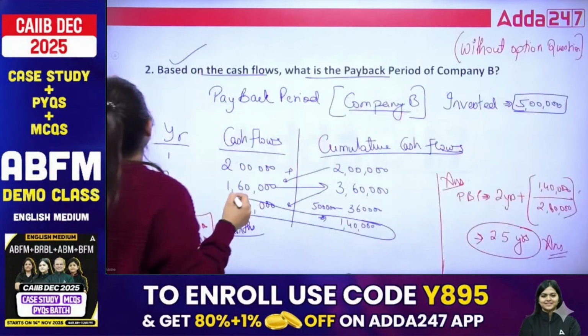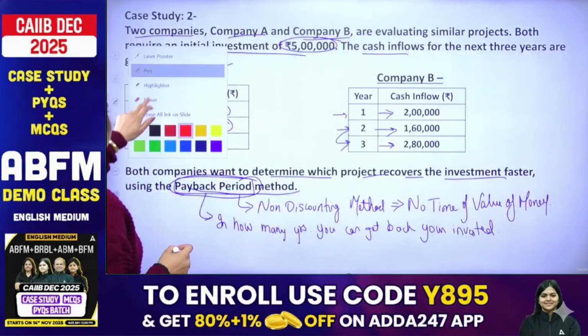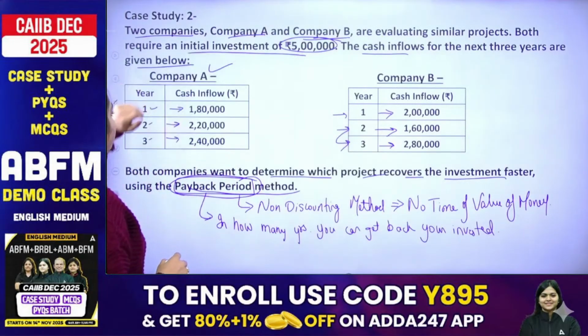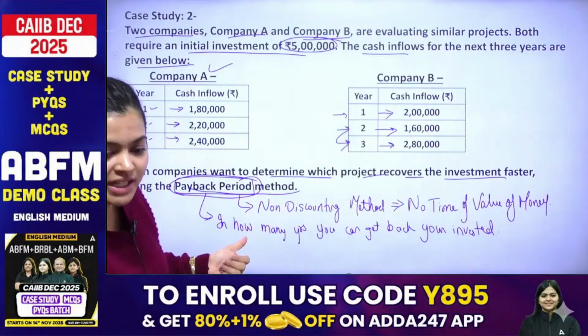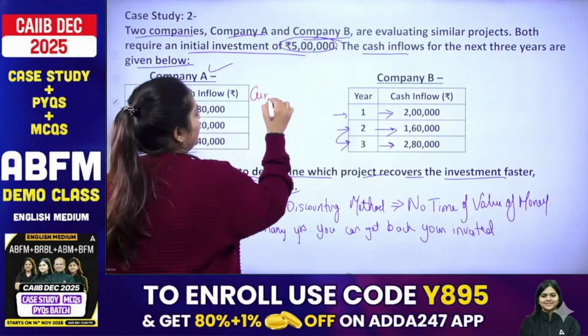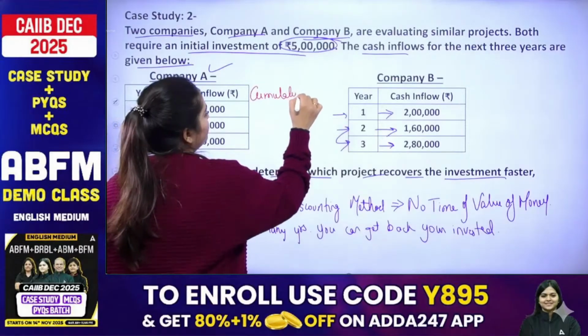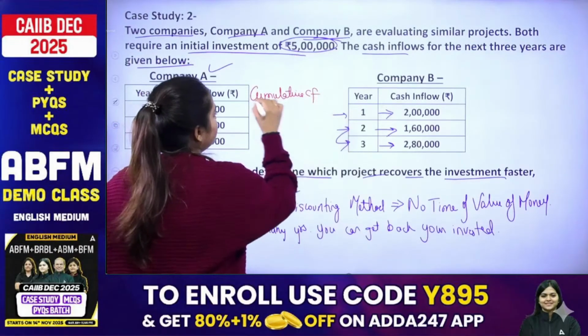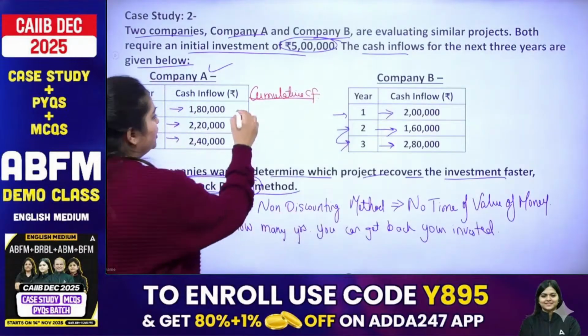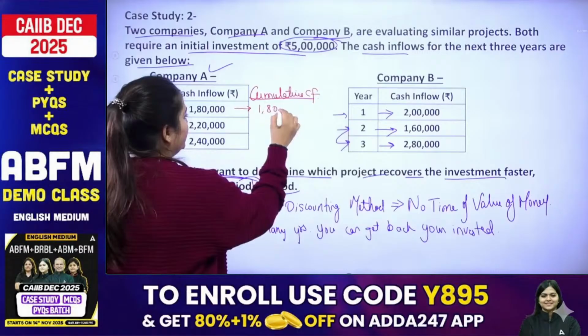So if you revisit this question, you know the cash inflows: 1 lakh 80, 2 lakh 20, and 2 lakh 40. So first we need to calculate the cumulative cash flows again, meaning we need to calculate until we can recover your 5 lakhs. For the first year, it is going to be 1 lakh 80.